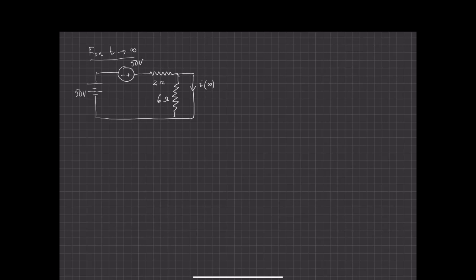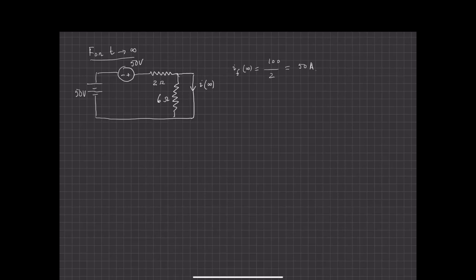The current I sub f at infinity is simply 100. 50 plus 50 is 100 divided by 2. The 6-ohm resistor is shorted, and so this gives me 50 amps. All right. Notice that this is a constant and that the forced solution is exactly known.